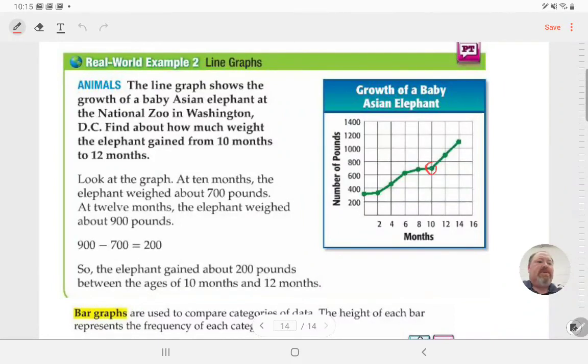At 10 months, we're at about 700 pounds, and at 12 months, we're at about 900 pounds. So if I want to know how much it gained, I can take 900 minus 700, which gives me 200. The elephant gained about 200 pounds between the ages of 10 months and 12 months. So that's how I use a line graph.